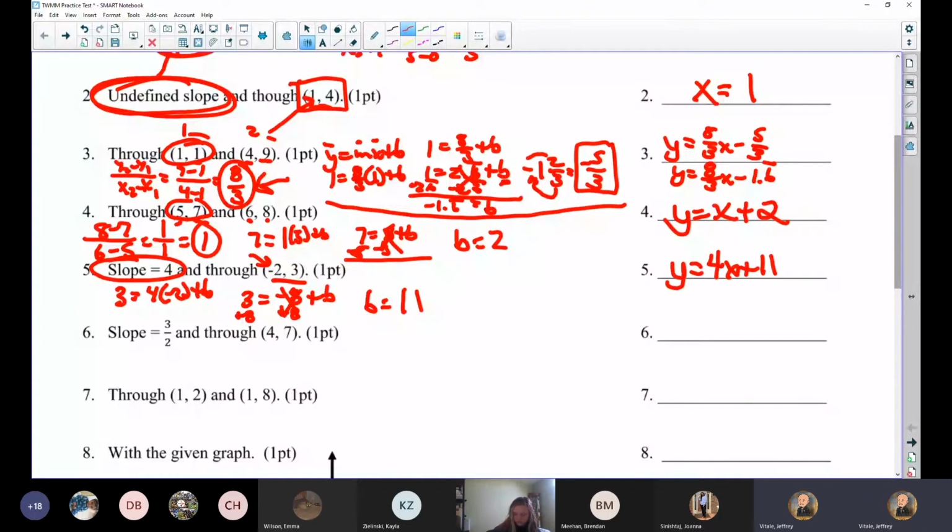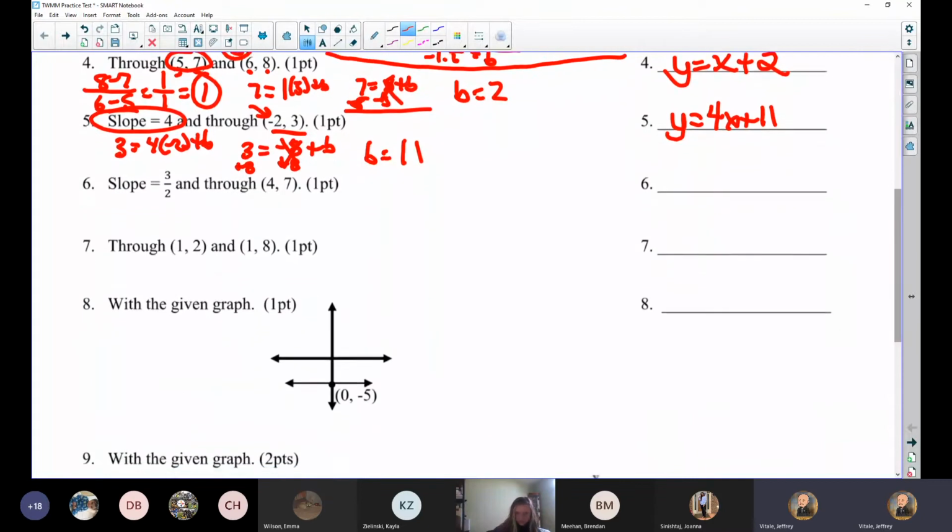Okay. Now number 6 is again extremely similar to 5, except now the slope isn't a nice whole number. It's an improper fraction. Well, that's all right. Put a 7 in for y. The slope is 3/2 times 4 plus b. So when I multiply 4 into 3/2, remember, we always multiply a whole number or an integer into the numerator of the fraction.